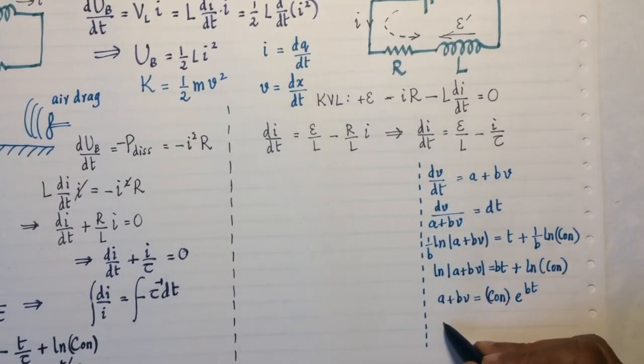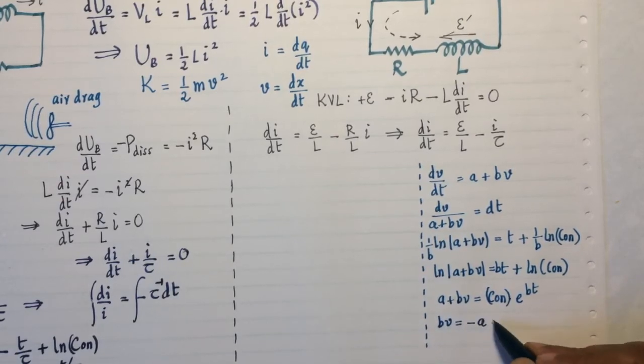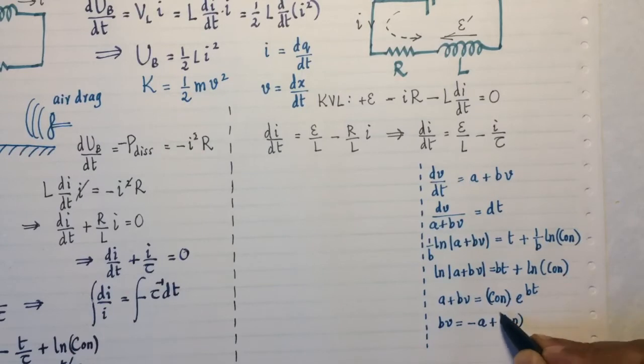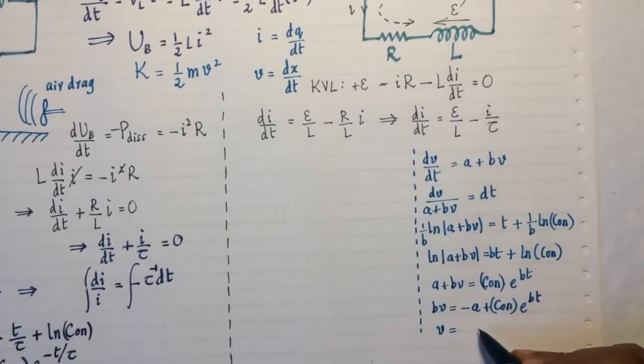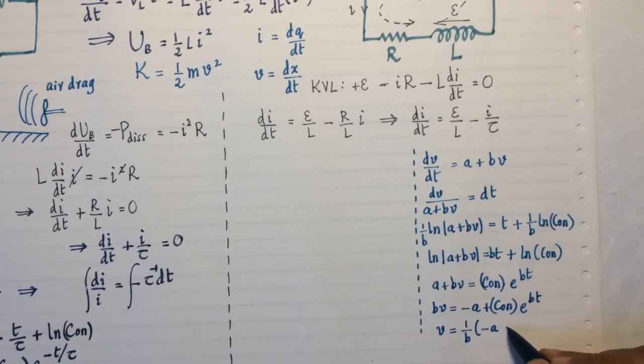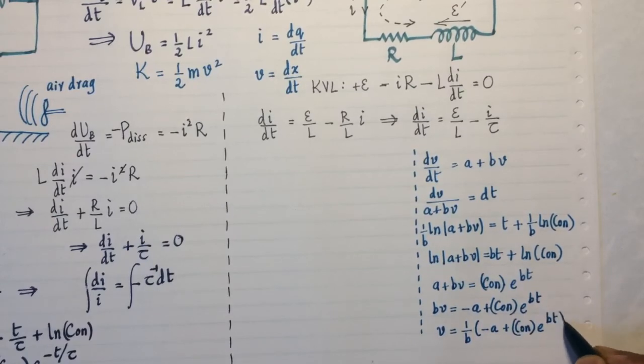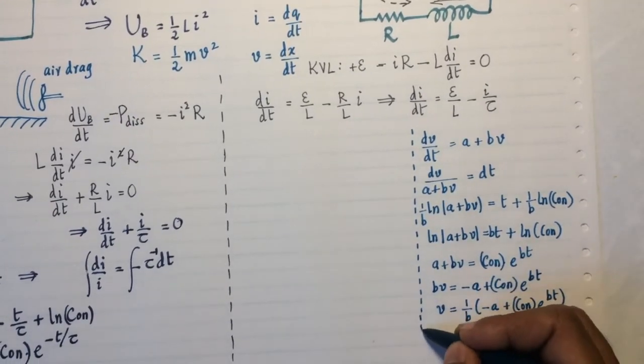So now I'll solve for v. First I'll do bv. bv equals negative A plus con e to the bt, and finally v equals 1 over b negative A plus con e to the bt. Done. So I've solved the equation.